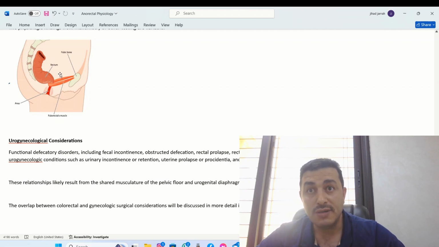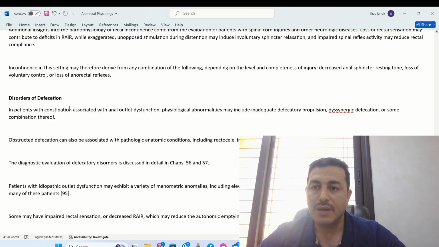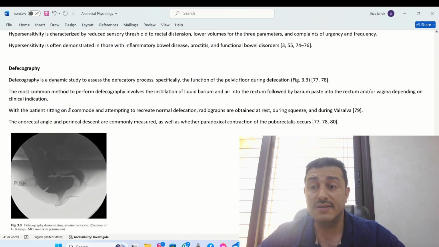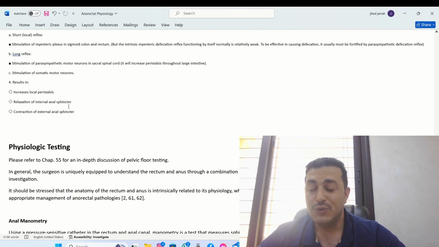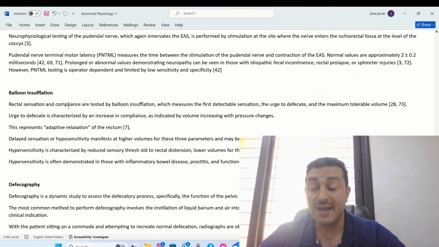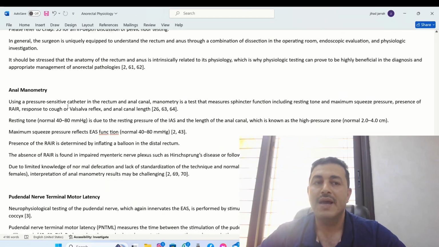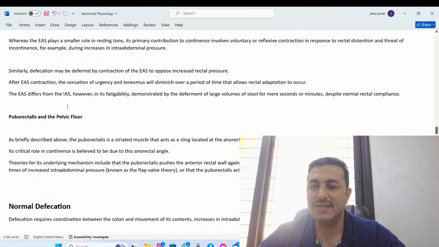With relaxation, defecation happens and the angle will increase. Okay, this is regarding how we keep stool in our rectum. This is the mechanism of continence.